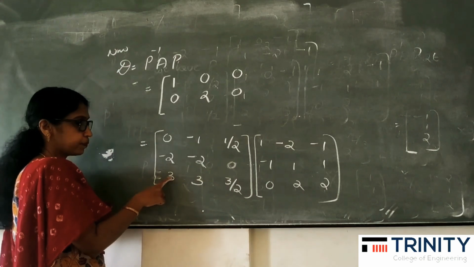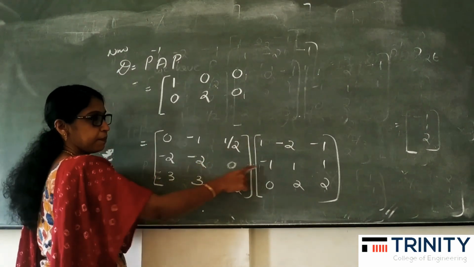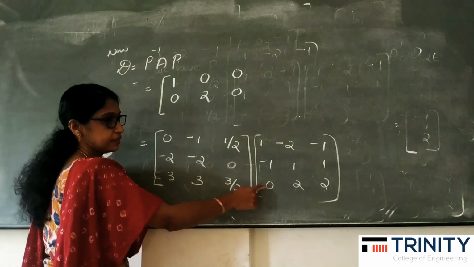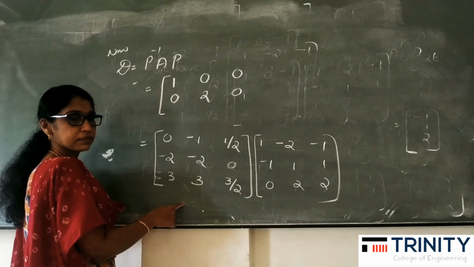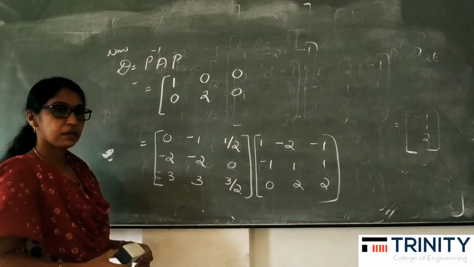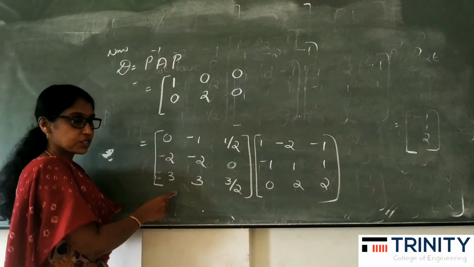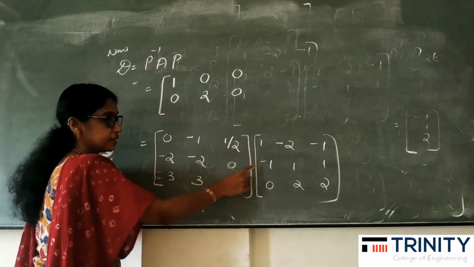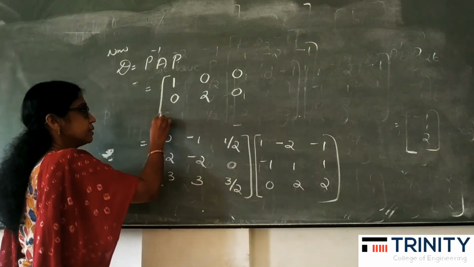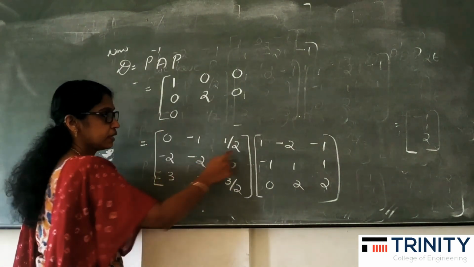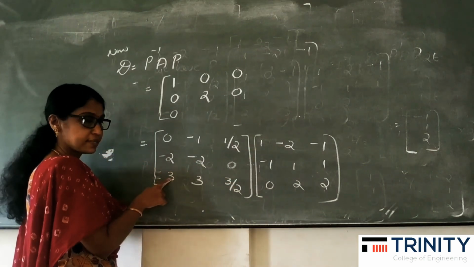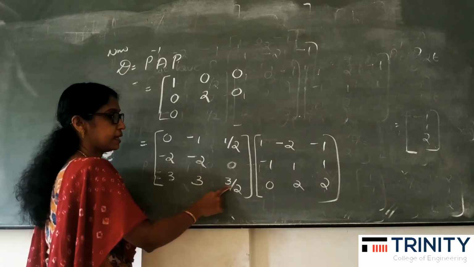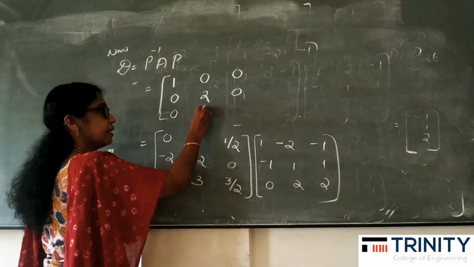Now the last row: 3 into 1, 3 plus 3, 6, 6 plus 0. Now 3 minus 3 is 0 plus 0, that is 0. Next element, minus 2 into 3 is minus 6, minus 6 plus 3, minus 3 plus 3, that is again 0.